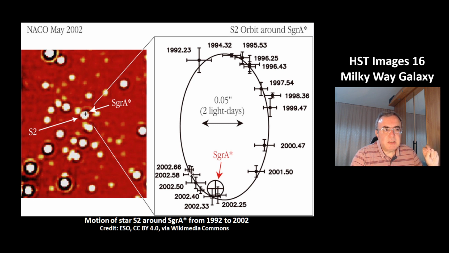And that quarter it made in just 1 year. So here it had a maximum speed. And the observation of the stars near the supermassive black hole helped calculate its mass.